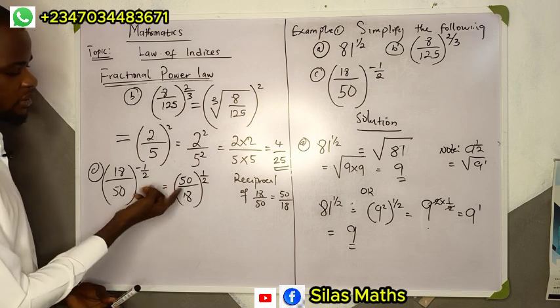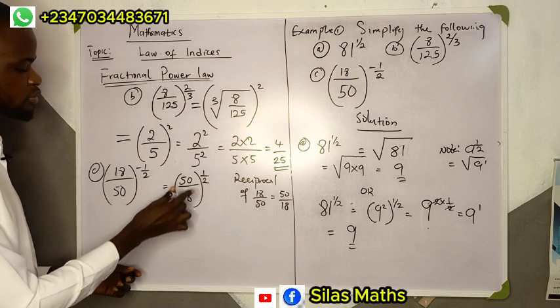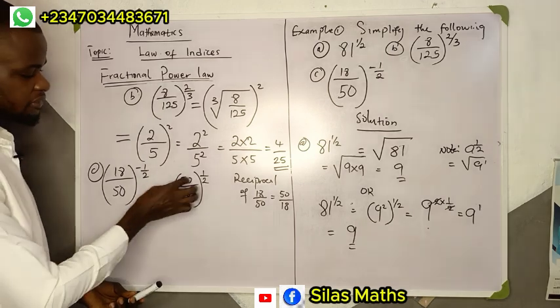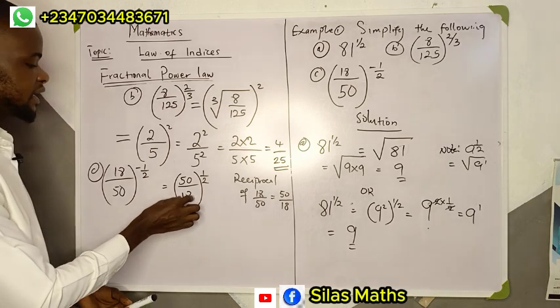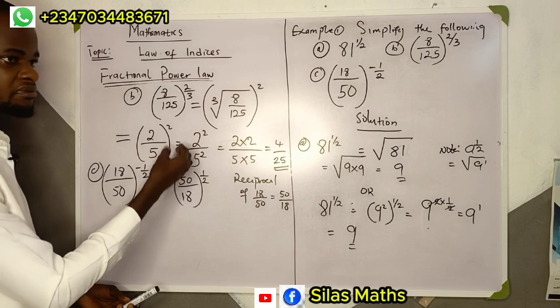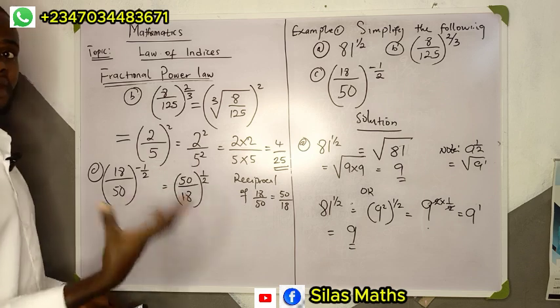Now for us to simplify further, if we take a look at this, you discover that both the numerator and the denominator are not perfect squares. So we can't find the square root of 50, neither can we find the square root of 18. So what do we do? We are going to prime factorize them.